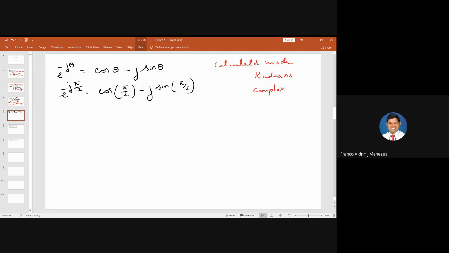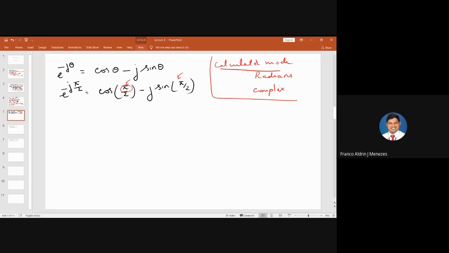Keep your calculator mode in radians as well as in complex mode, and then obtain the values, or else your answers will not match the exact values, because here pi we are considering as an angle, and we have to consider it in radians mode.